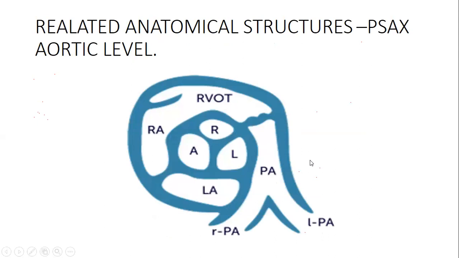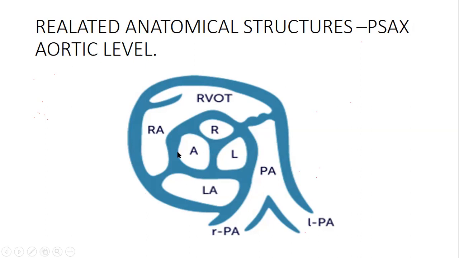What are the related anatomical structures at the short parasternal axis aortic level? This is what should be in your mind. Imagine you are looking at the heart from the top, okay? And this is the top part. And then imagine down, just down there, you've got the mitral valve. And then you go down there, you've got the apex and everything.